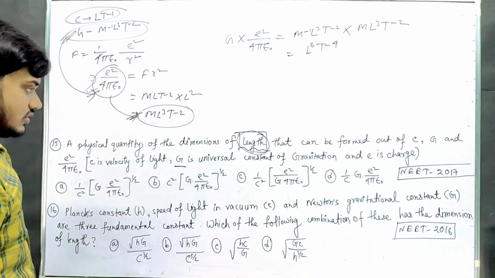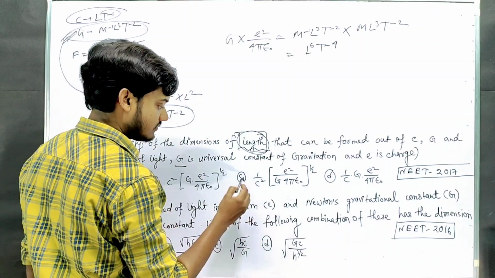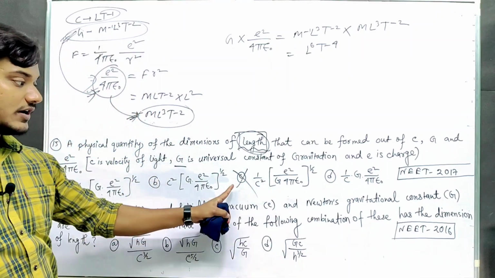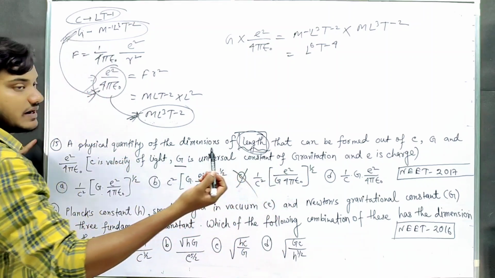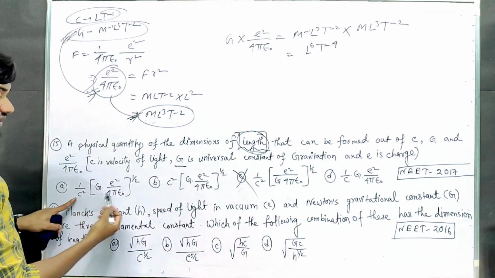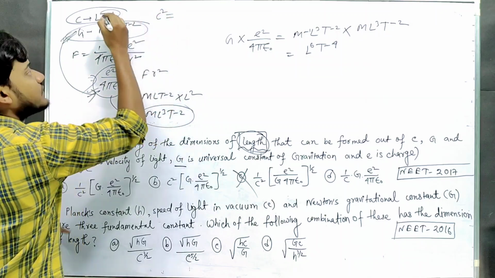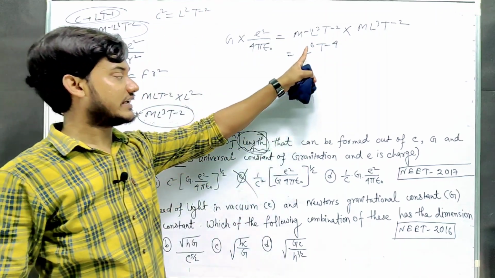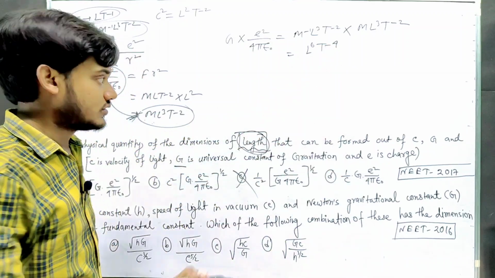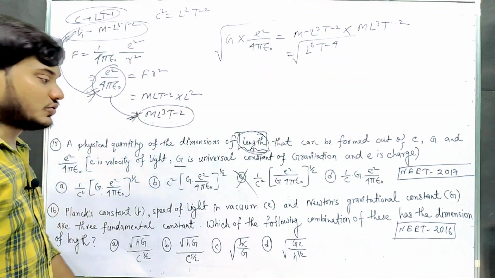Okay, so this is multiplication, not division. Next part, C square is the maximum, so the dimension of C square would be L square T inverse 2, but here it is L to the power 6 T to the power minus 4, so we have to take the root.